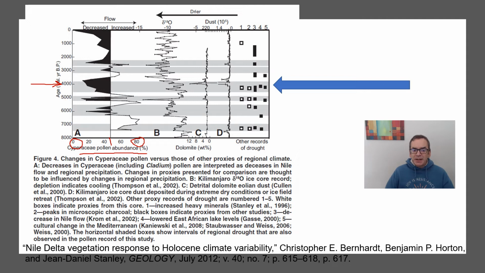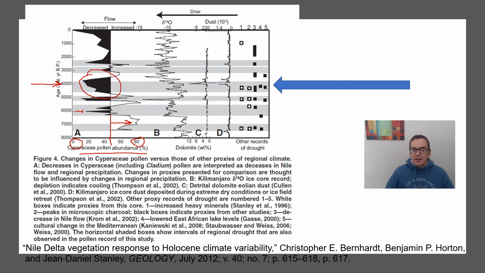They've assumed that 50% is where the Nile would normally flow. When you've got high levels of pollen, you're probably getting higher flows of the Nile, and when you've got lower pollen counts, you're getting lower flows. So this is the area you want to concentrate on.